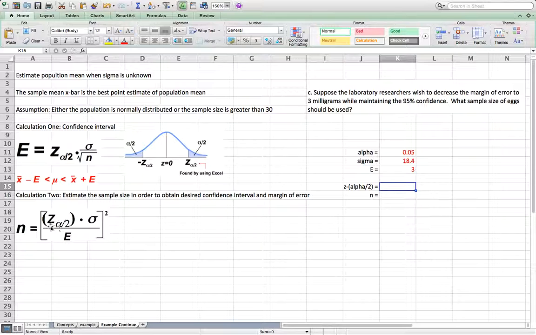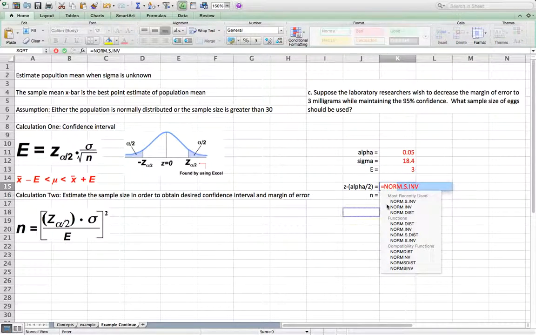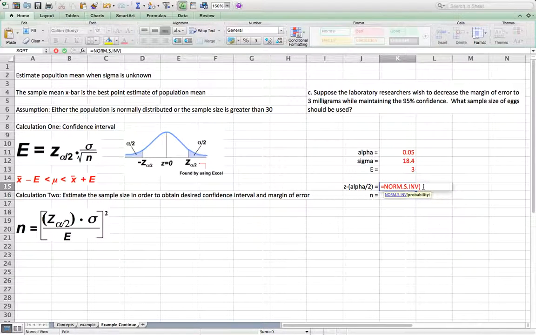With this formula, we first need to calculate z alpha over 2. Z alpha over 2 again is the normal standard distribution inverse of 1 minus alpha over 2. Alpha is in K11, over 2.